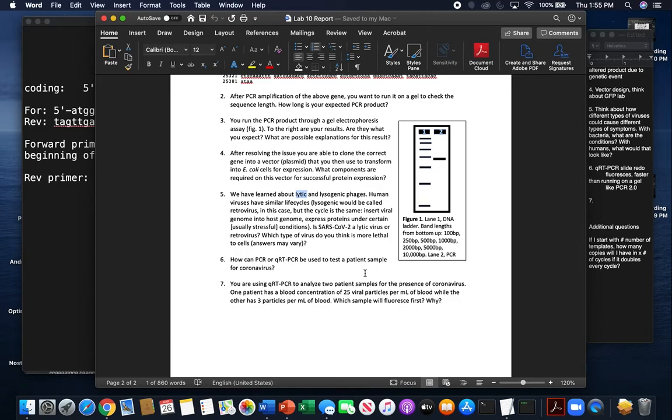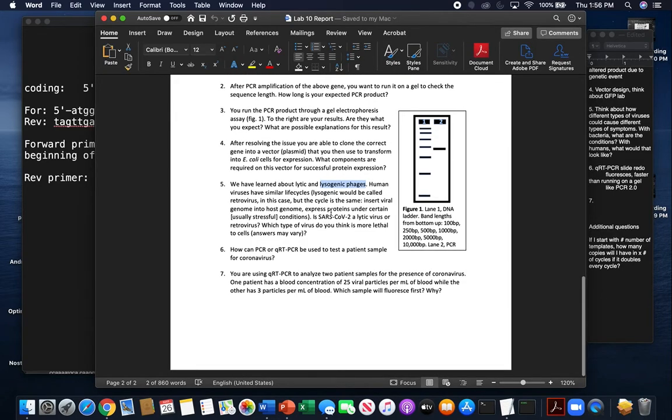The phage proteins get expressed, they multiply inside of the cell and burst the host cell, and it dies. In a lysogenic phage, what happens? It inserts the phage DNA into the host genome, and it proliferates as part of the genome, and doesn't express phage proteins until it gets stressed out.